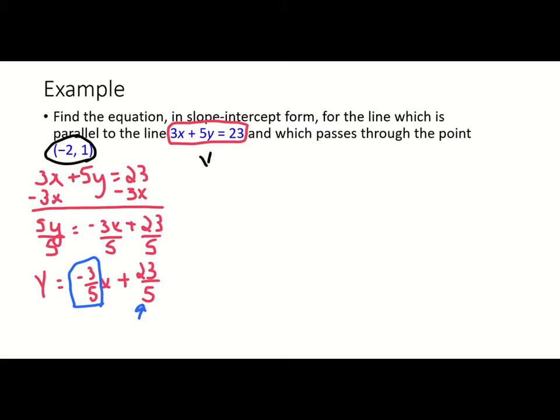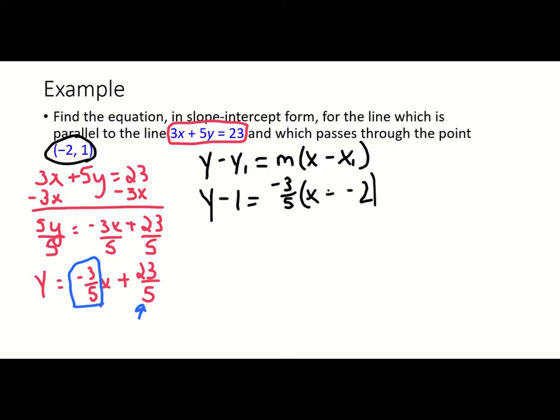Now we have the slope, and we have the point (-2, 1). So we're going to use our point-slope formula, y minus y1 equals m times x minus x1, and plug in the information that we know. So we know that our y value is 1. So it's going to be y minus 1 is equal to our slope, -3/5, times x minus a -2.